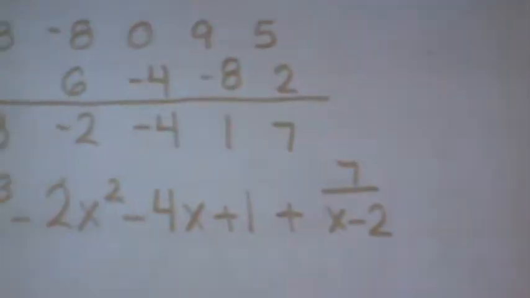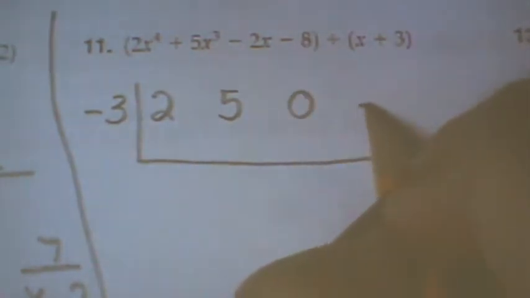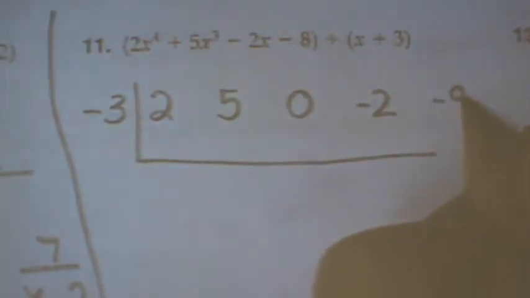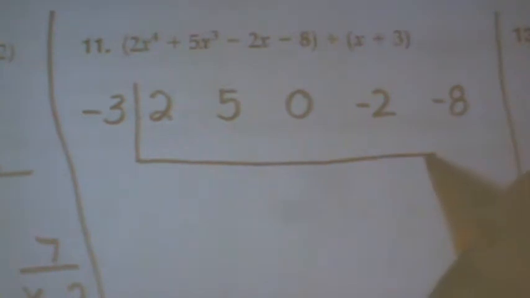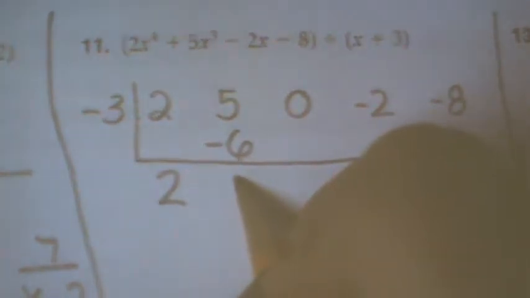Number 11. What number do I put outside? -3. 2, 5, 0, -2. Good. Then what? Bring down the 2. -6. Add -1.